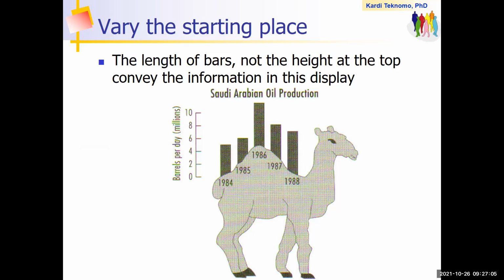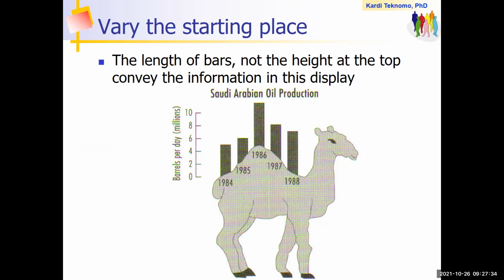And of course, this is a clear lie. The length of the bar, not the height of the top, conveys the information in this display. So the zero is changing with the year. In this case, using a camel.